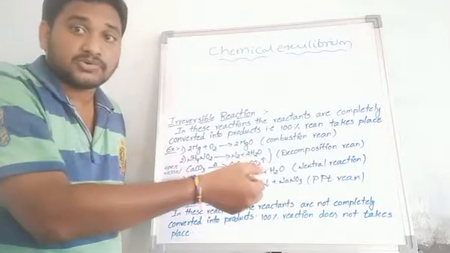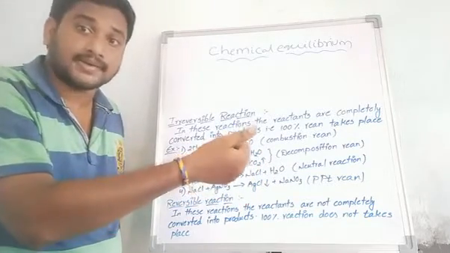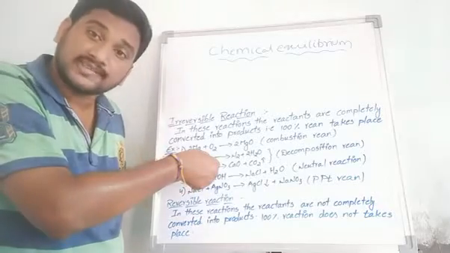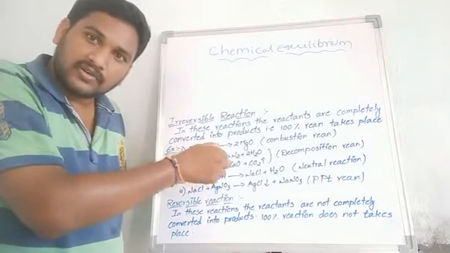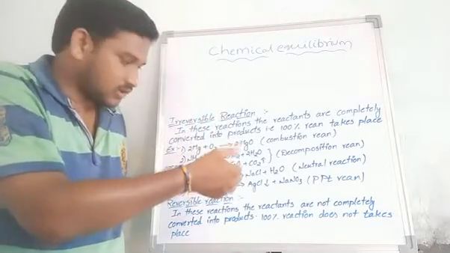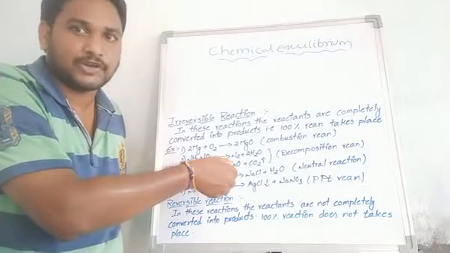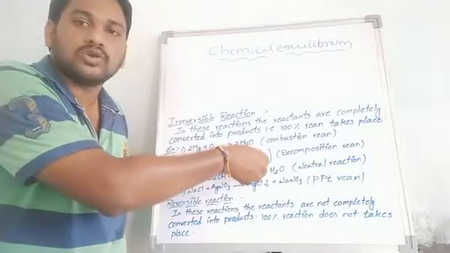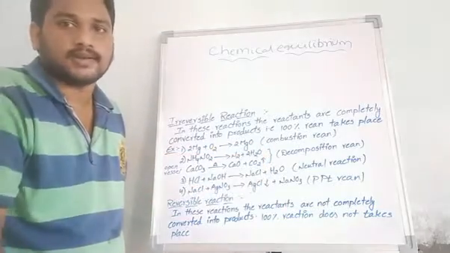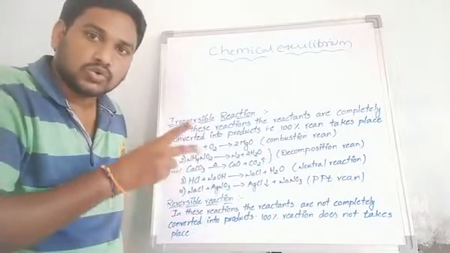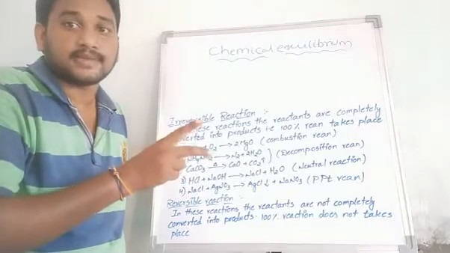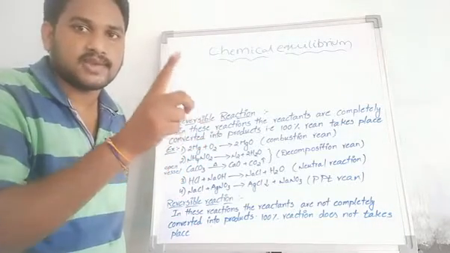Suppose you take ammonium nitrate, NH4NO3, and apply heat to form nitrous oxide, that is laughing gas, N2O, plus 2H2O, water molecules. These two decomposition reactions are most important for JEE Mains.